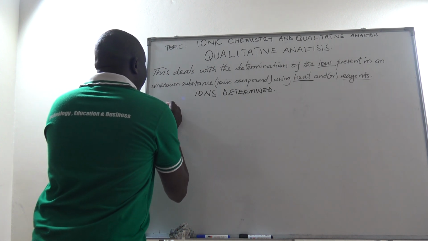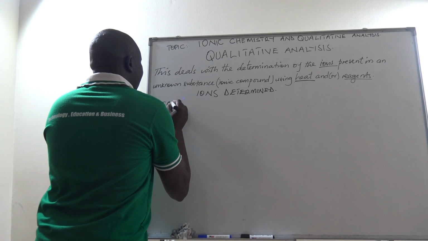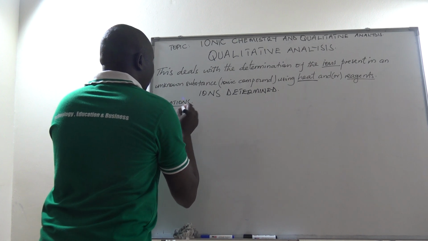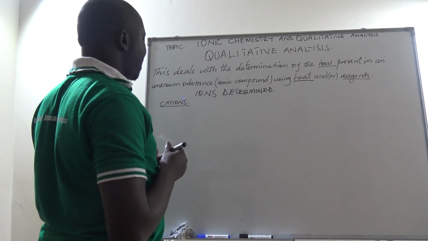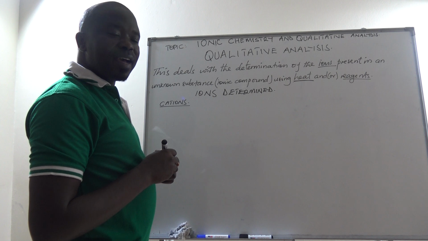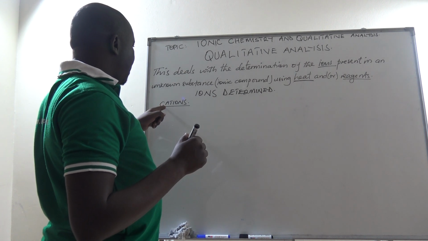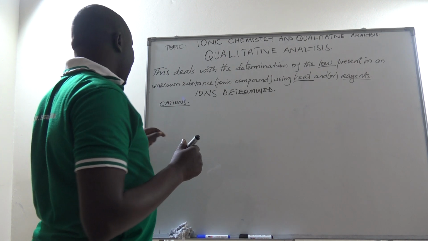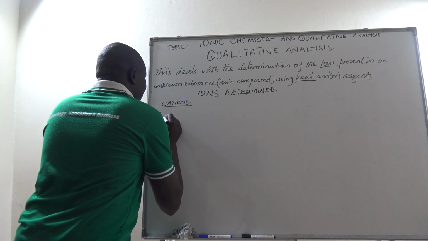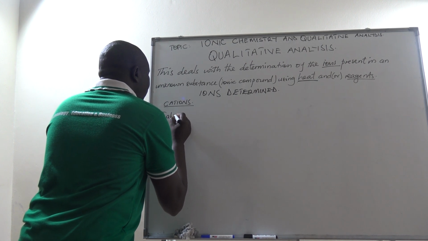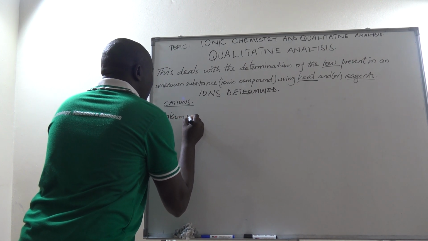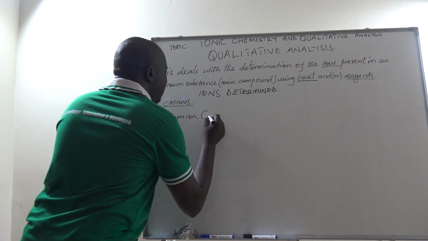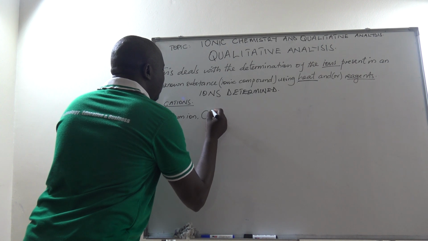So we are firstly going to look at the cations. The cations that we deal with at ordinary level, that is the positive ions that could be present in the ionic compound. So any one of these, you may be able to find them. The first one is the calcium ion with a formula of capital C, small a, 2 plus.